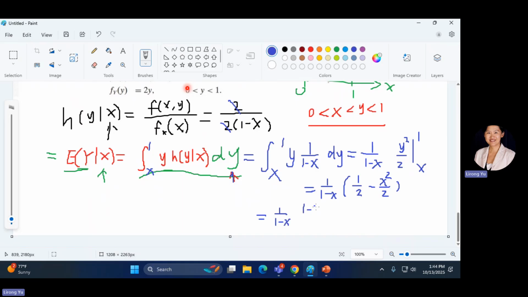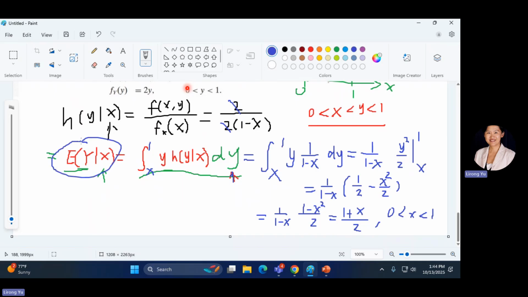The numerator is 1 minus x squared. The denominator is 2. 1 minus x squared equals 1 plus x times 1 minus x, so the 1 minus x cancel. The answer is 1 plus x over 2. And of course, x is between 0 and 1 as a natural boundary. So that will be the conditional expectation of y given x.